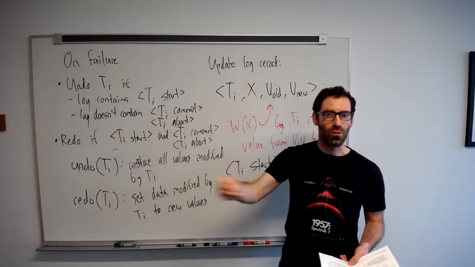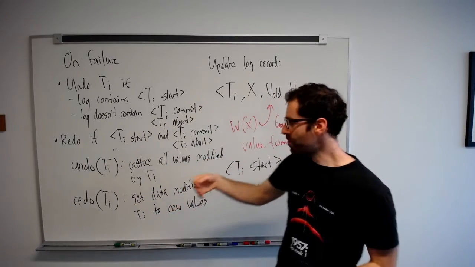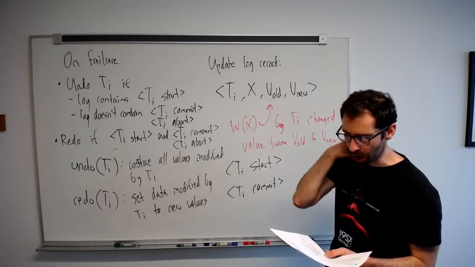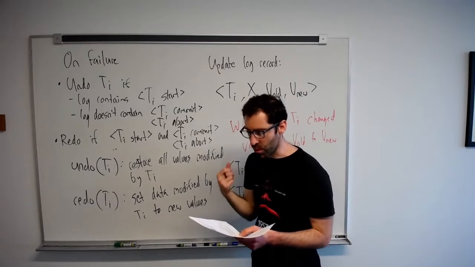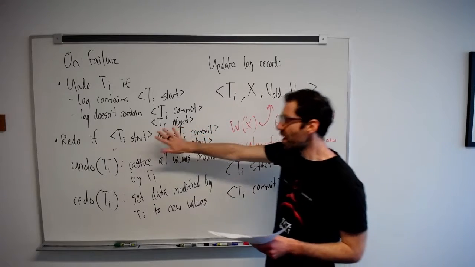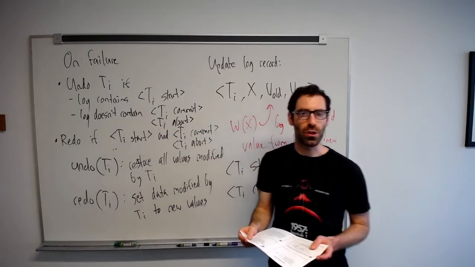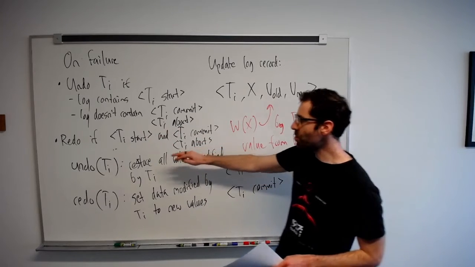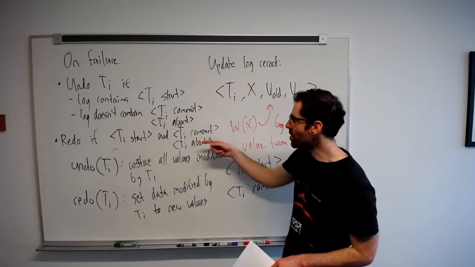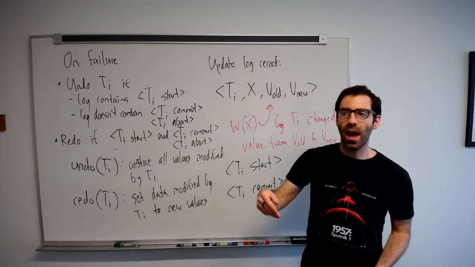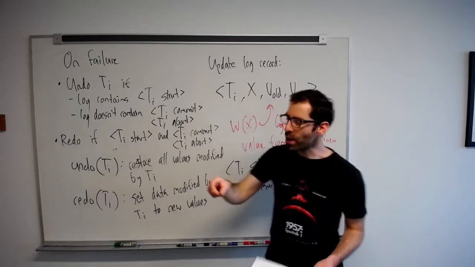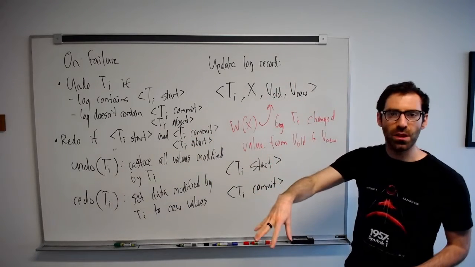Now you might be asking, why would we redo a transaction that we know aborted? Isn't that redoing operations that won't actually end up happening? We're just going to undo them as a result of the abort. This is a potential optimization one could make to a recovery algorithm, to be clever and identify the transactions that successfully aborted in the log and figure out which things don't need to be redone.